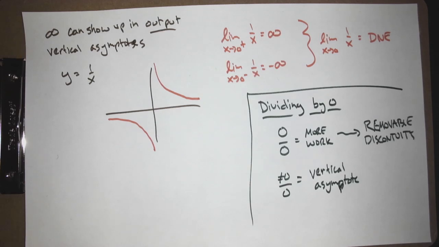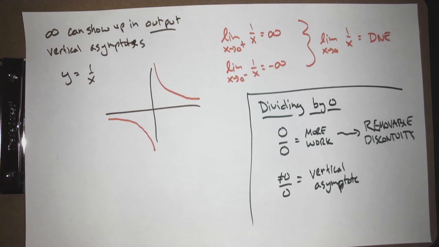Dividing by a tiny number is the same as multiplying by a huge number. So it's causing things to blow up. You should think of it as that's our vertical asymptote situation. These are not 100% guaranteed, but this is the intuition you should have. When you're looking for vertical asymptotes, I'm looking for a non-zero divided by 0. I'm looking for removable discontinuities, I'm looking for 0 divided by 0.